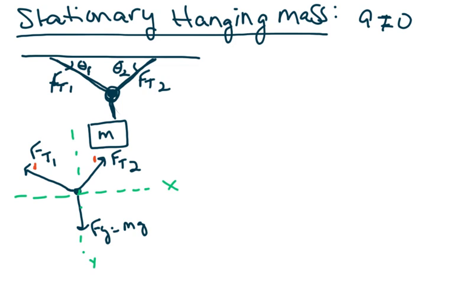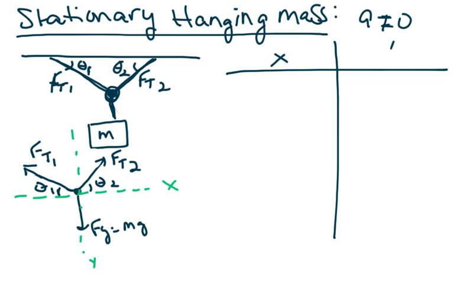Well, trig and geometry tells us that, let me fix my diagrams, those must also be equal to the angles down here. So alternate interior angles. It's a theorem. You can look it up. But that puts my angles down here. Okay, so just like we did for the incline, we need to have our forces in the horizontal direction. And we need to do our sum of the forces in the vertical direction.